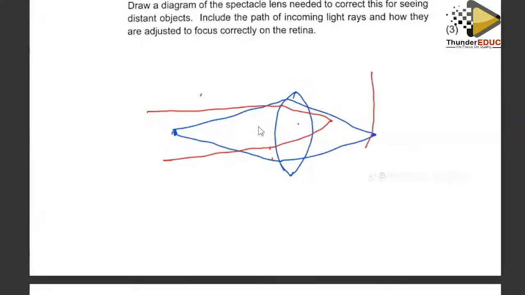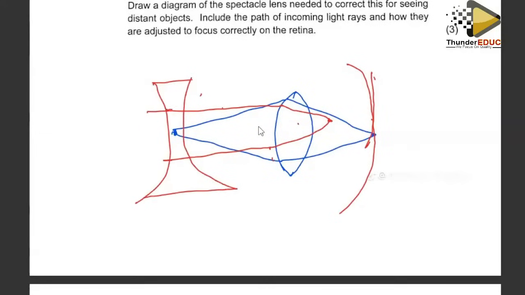So what is the remedy of pushing this light from this point to this point? I'm going to have to put a convex. Did I say convex? This is not a convex, this is a concave.